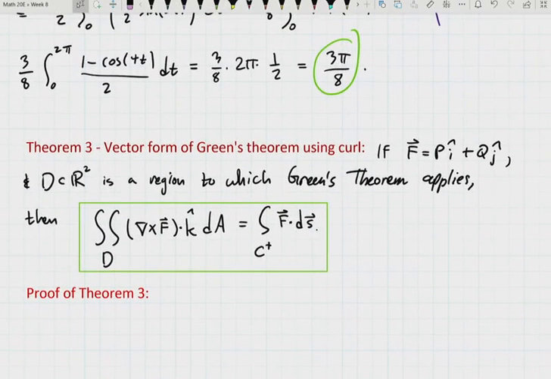So here's a quick little proof of that. What is del cross F when F just has components P and Q? It only has a z hat component. If you work it out, we actually discussed this before, last section.